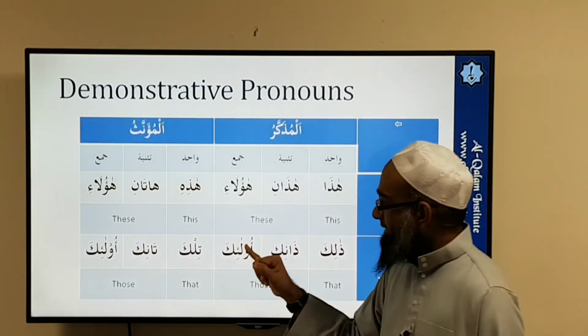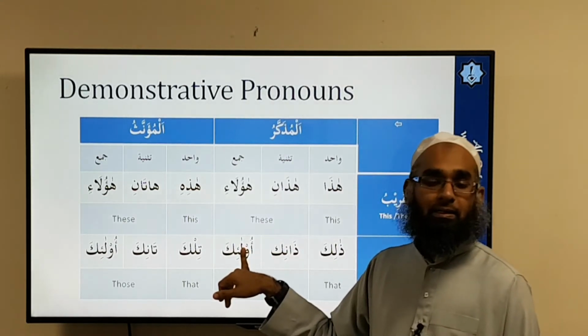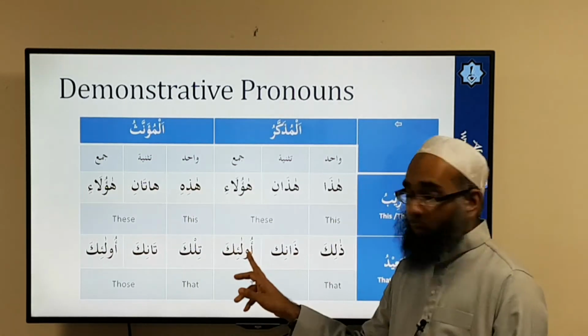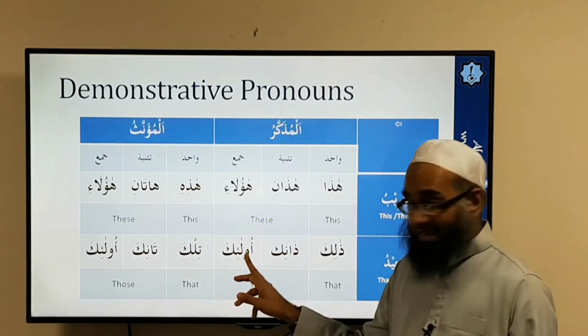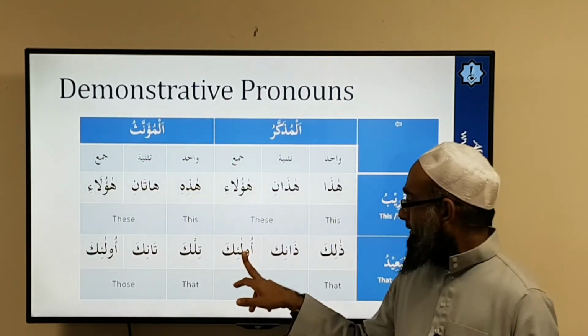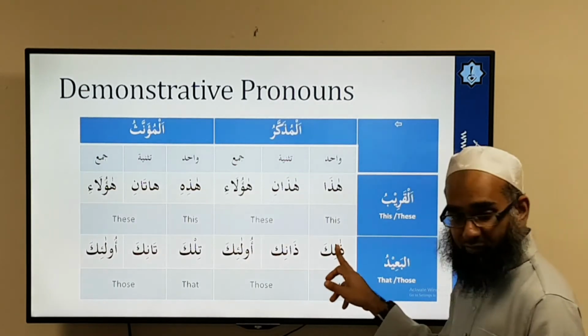Now the thing to remember about this أولئك, this waw is silent. It's written, not pronounced. You don't say it with the waw, you say ulaika. Even for example here, you will see, you don't write the alif after the dha.